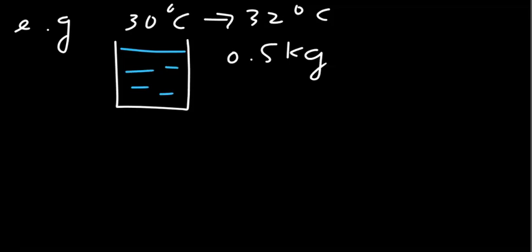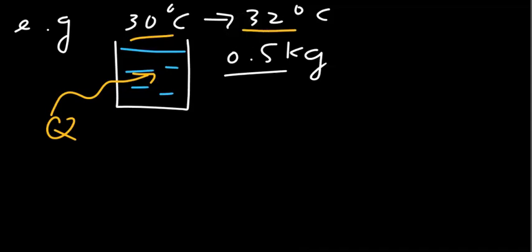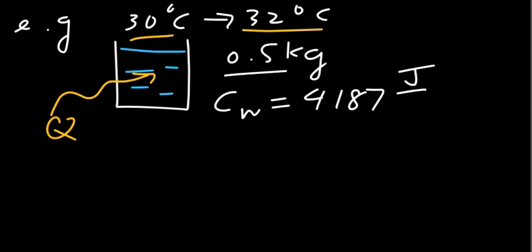As an example, let's assume you have a water sample with mass 0.5 kg, and you want to pump in a certain amount of heat so its temperature can be raised from 30 degrees Celsius to 32 degrees Celsius. Now the specific heat capacity for water is 4,187 joules per kg per Kelvin.